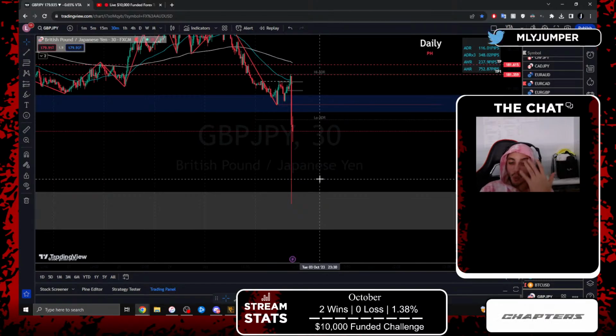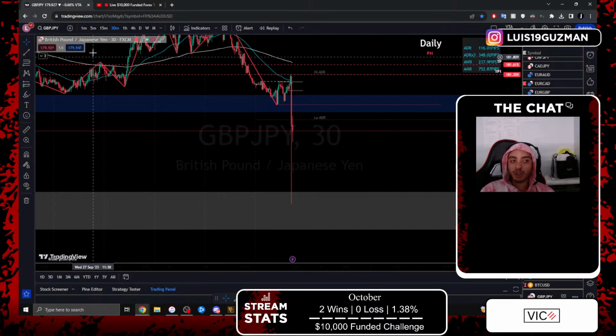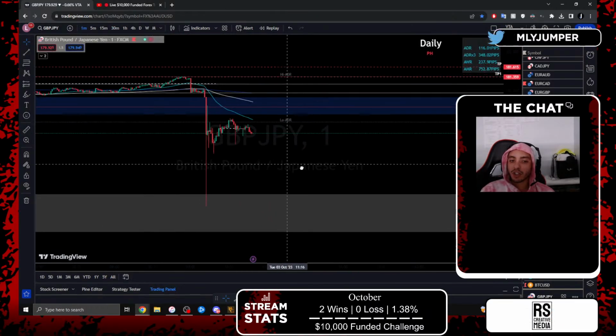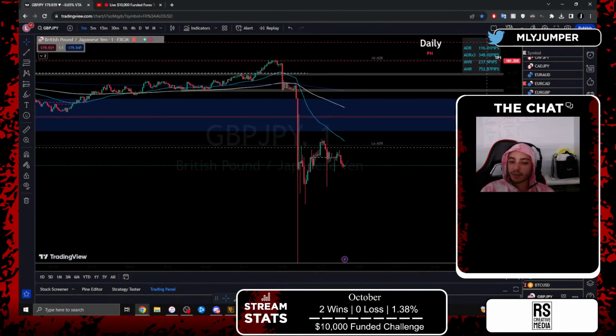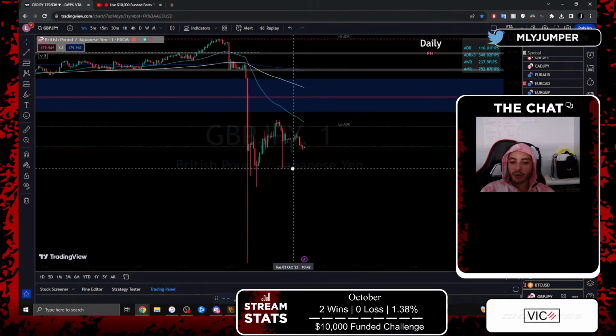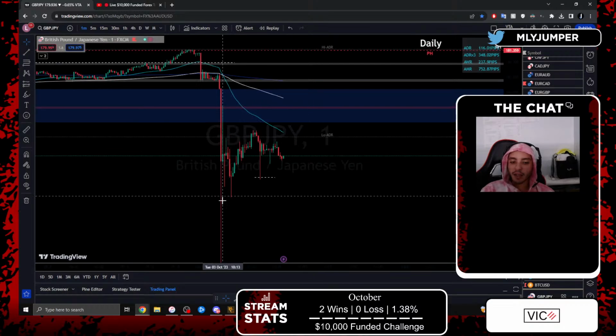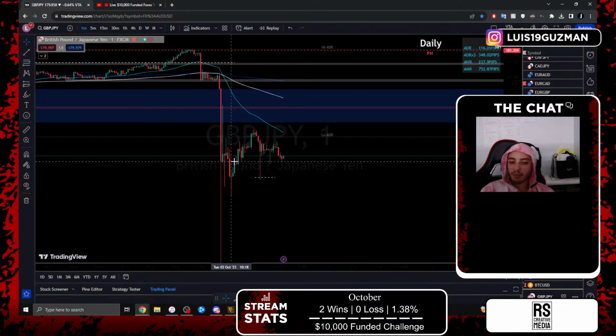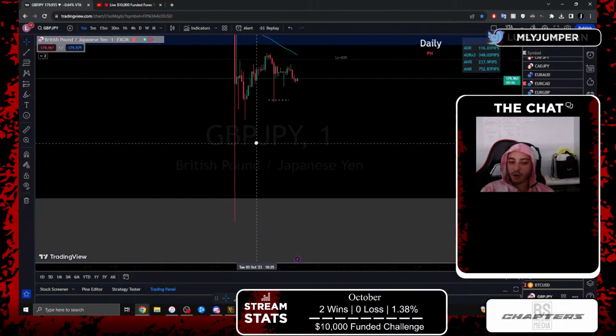Now, when is the entry really valid where you could hold the trade? When price gives you a change of character and a break of structure. So this is what I was drawing out here in the 1 minute time frame, where I'm not really looking at the wicks. Now I'm just looking at the bodies of the candles, because of how crazy this wick is.